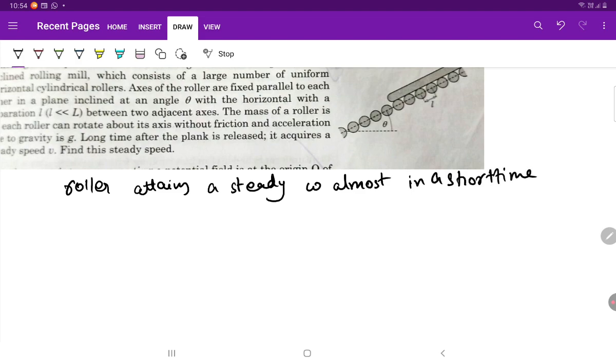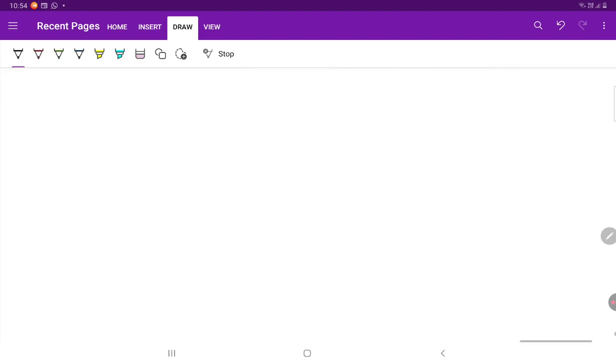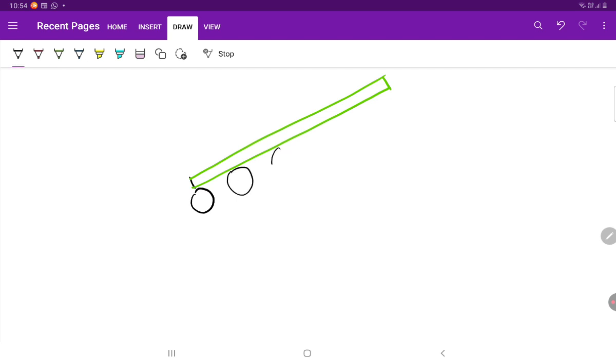Now what happens here is that, suppose I am marking the plank with a green color. So this is my plank and these are my cylindrical rollers. The last roller on which it's touching and the successive roller, the distance is smaller.